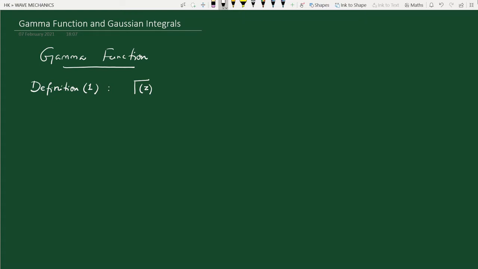So gamma z is equal to the integral from 0 to infinity of e raised to minus u, u raised to z minus 1 du, with the condition that real part of z is greater than 0.